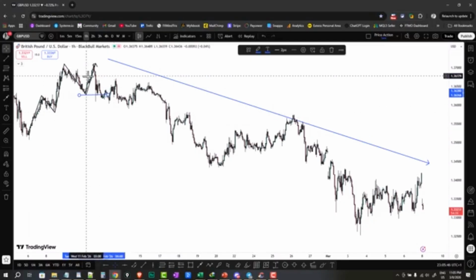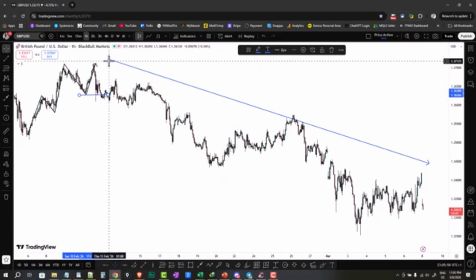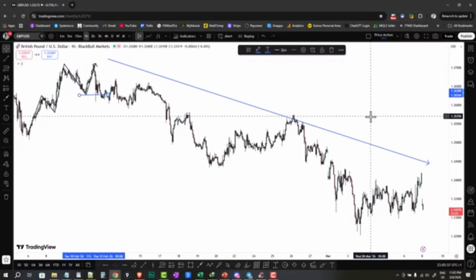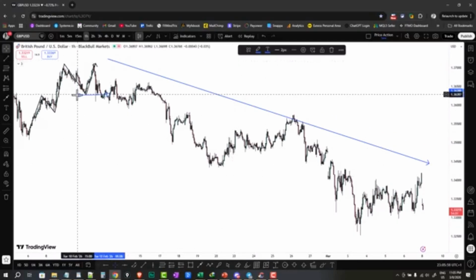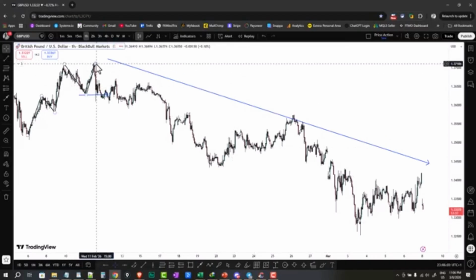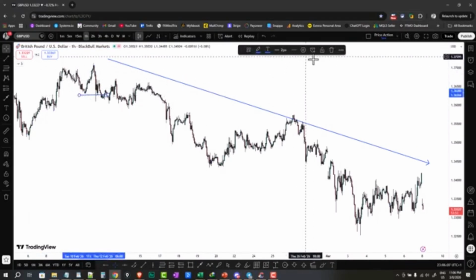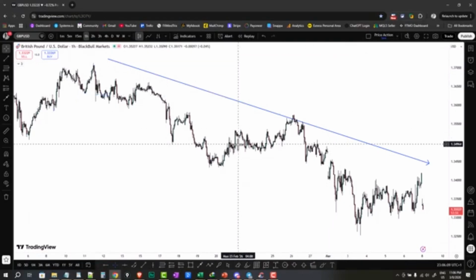Now, when you take a close look at this, you'll notice that even though this instrument has been going down over the past couple of weeks, like I keep telling you guys, the price of any financial instrument you're trading, whether in a strong up or downtrending market, is not going to move up or down in a straight line.